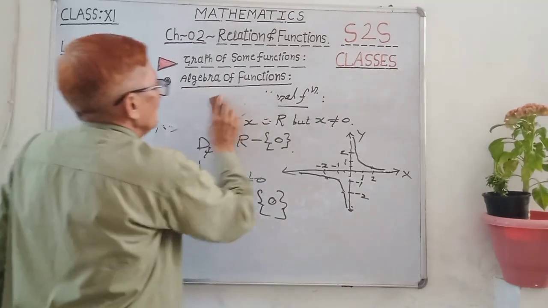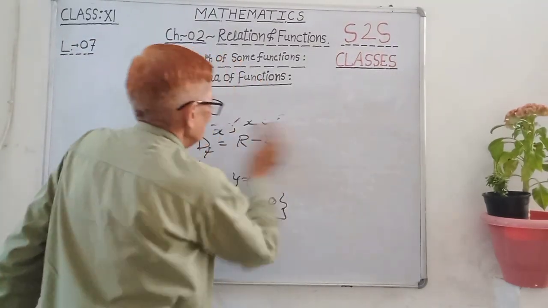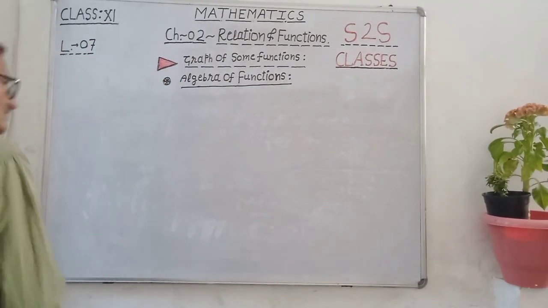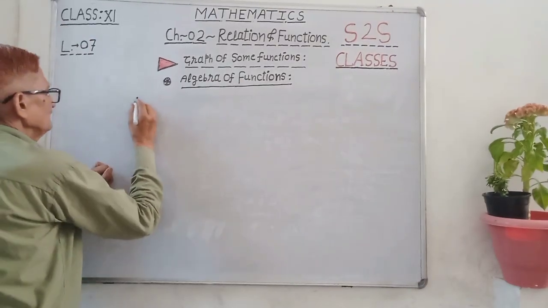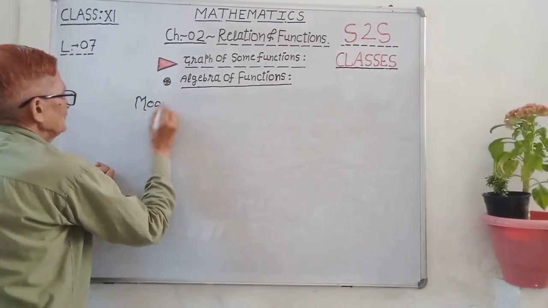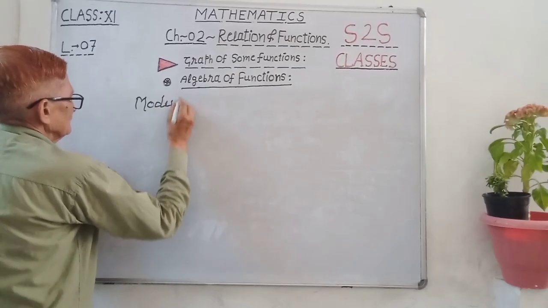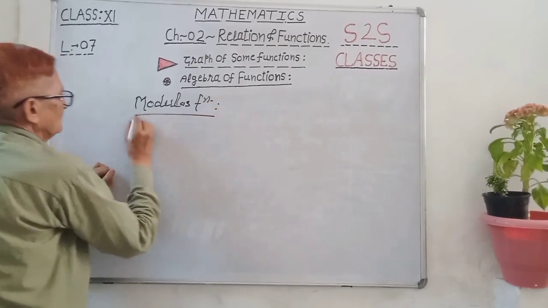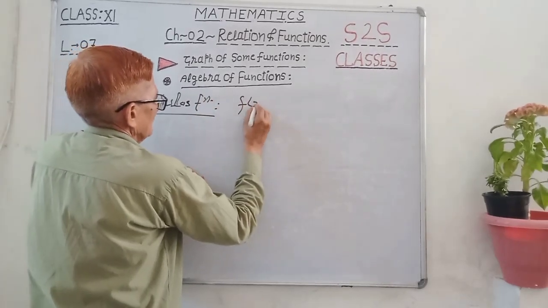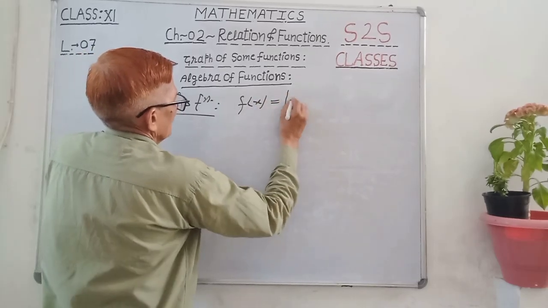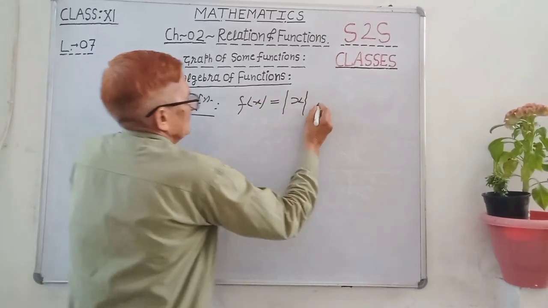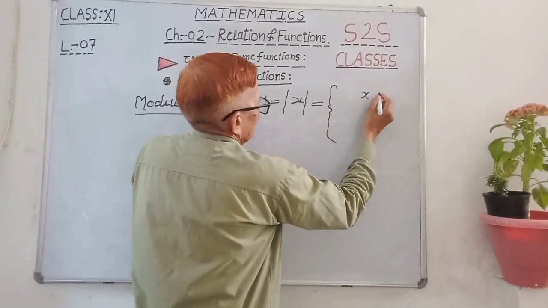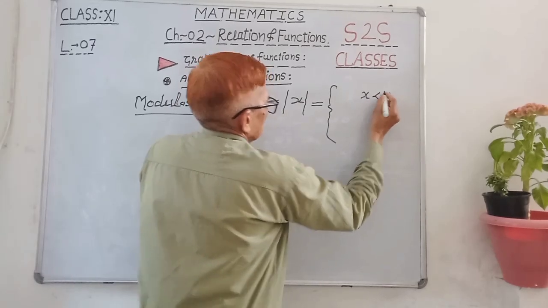Okay, now after this, modulus function. I told modulus function graph. Modulus function means f(x) is equal to modulus of x. This is equal to what? If x is negative, less than 0, understand?